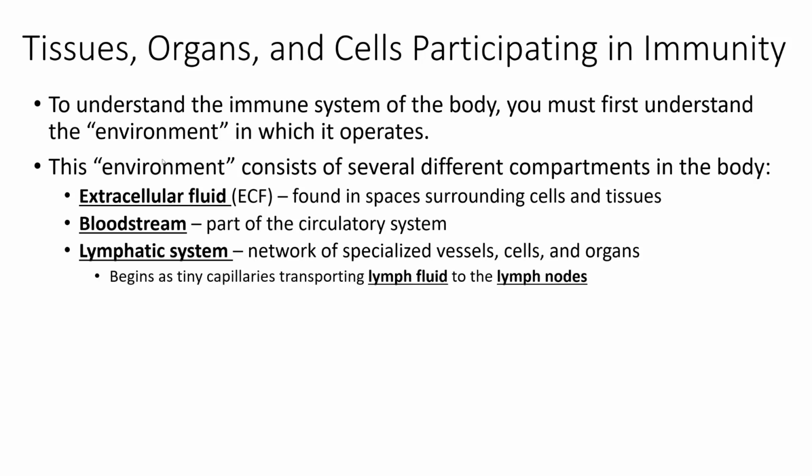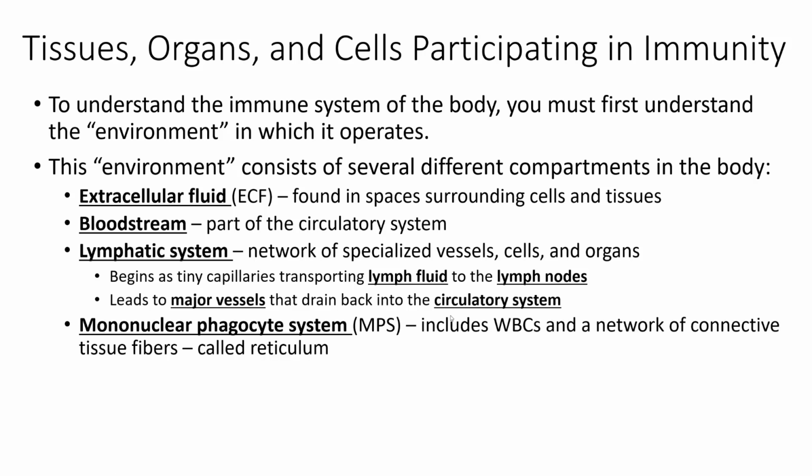So the lymph nodes are connected to little vessels that transport lymph fluid, for example, and those make up parts of the lymphatic system collectively. And these then can lead to other vessels that connect back to the bloodstream or into the circulatory system. So no environment is fully isolated. They overlap at some point.